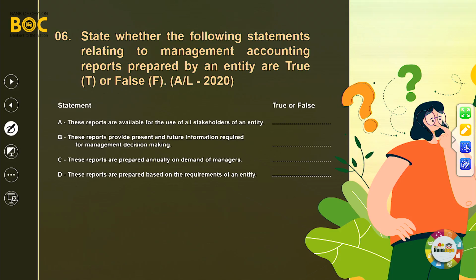The 2020 question: state whether the following statements relating to management accounting reports prepared by an entity are true or false. These reports are available for the use of all stakeholders.